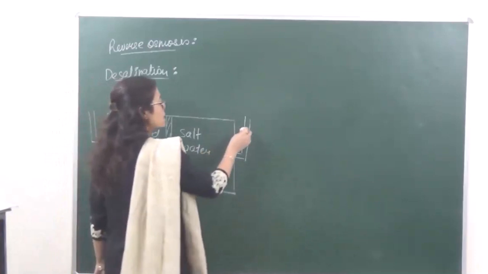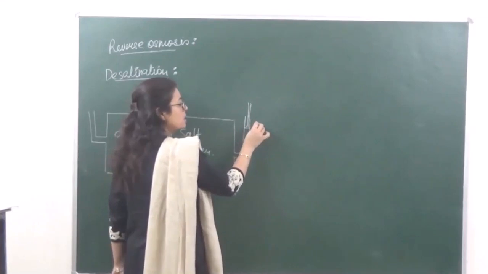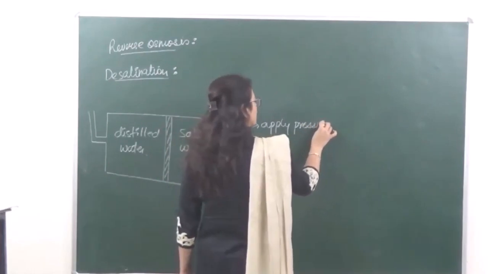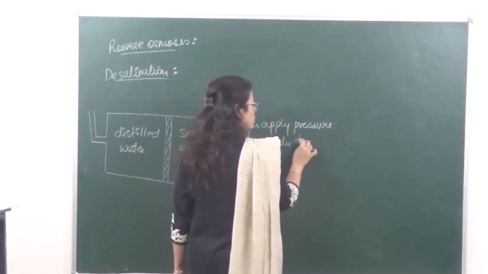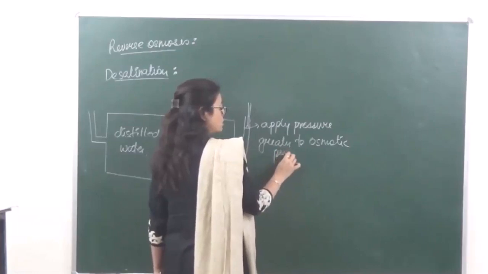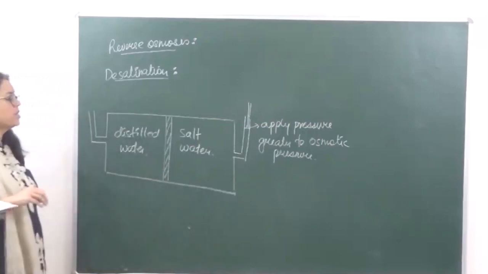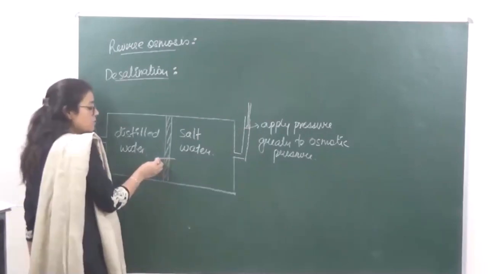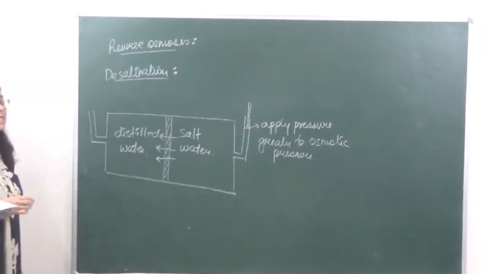But what we do is, we put a piston over here and apply pressure greater than the osmotic pressure, as a result of which the water starts flowing in the opposite direction. That is, the process of osmosis is reversed.